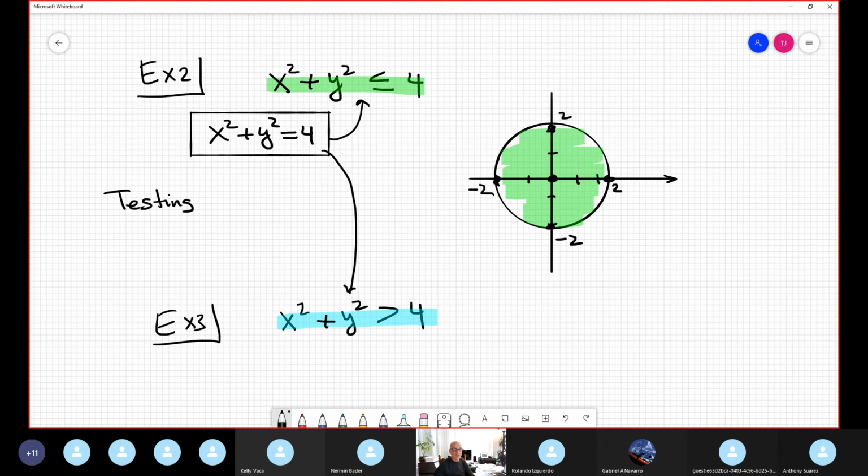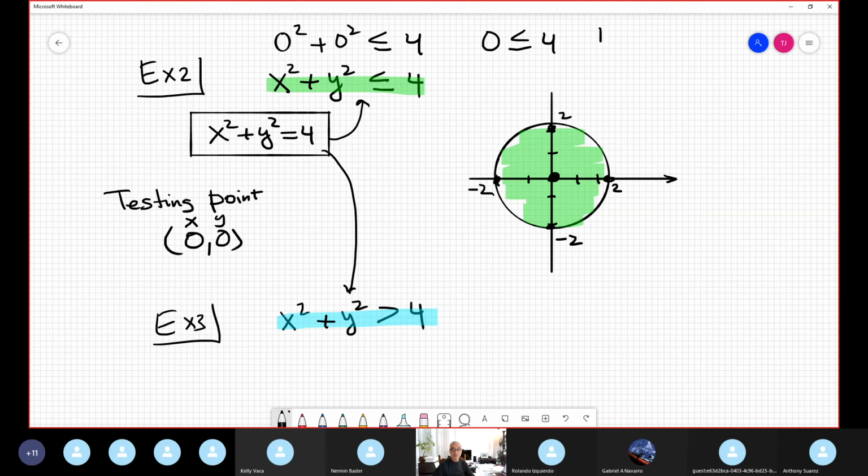What is the famous testing point? 0, 0, no? Plugging in x equals 0 and y equals 0, which is the origin. If the origin satisfies this inequality, it belongs to the inner part. 0 squared plus 0 squared is 0, less than or equal to 4. Is this statement true or false?